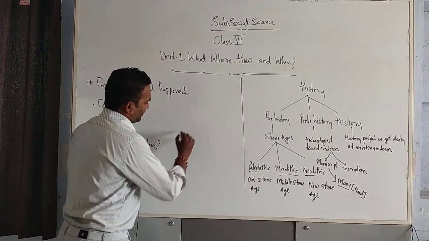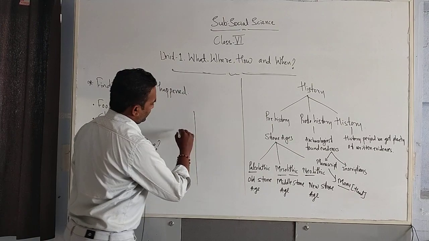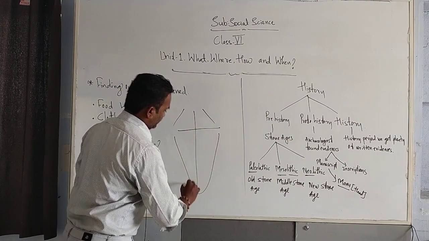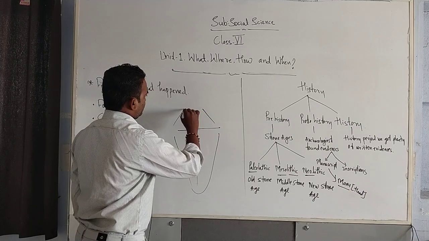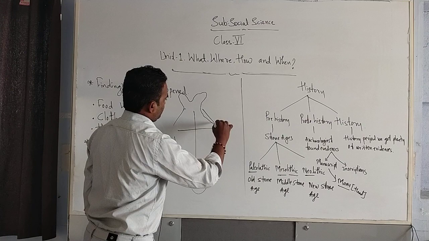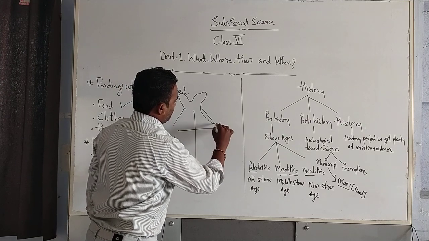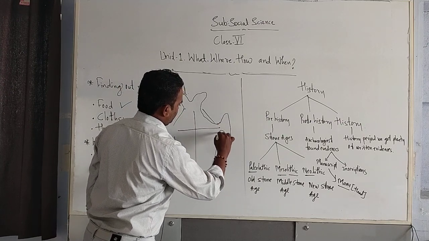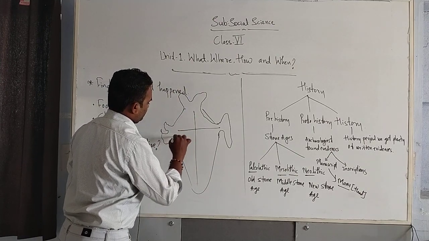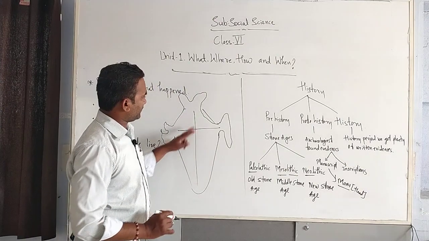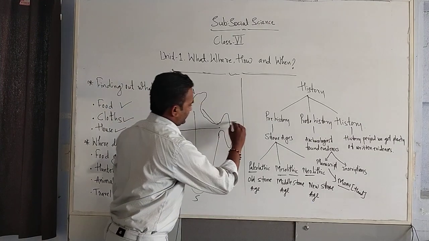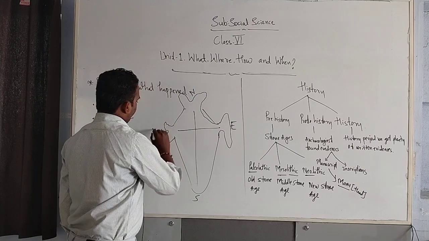See, ancient time people in India. Let me draw one map. Okay, in this map, we can see this is north, south, east, and this is west.